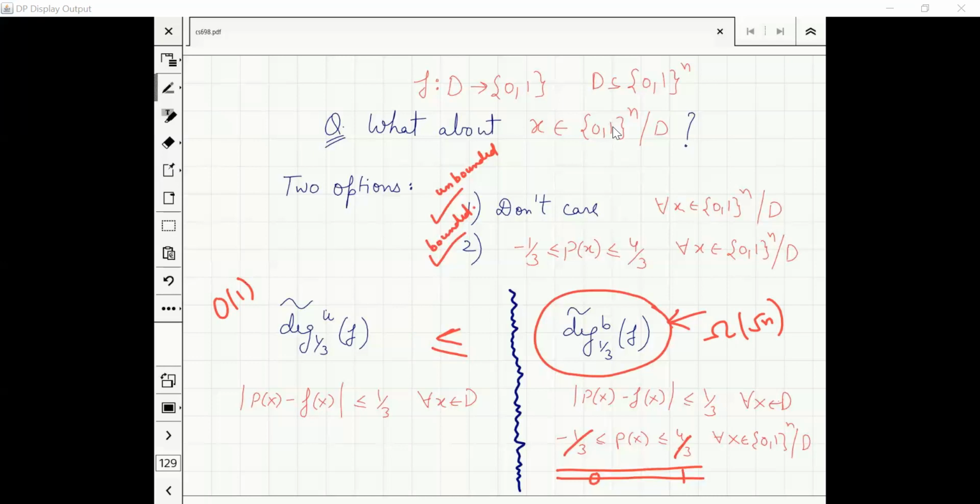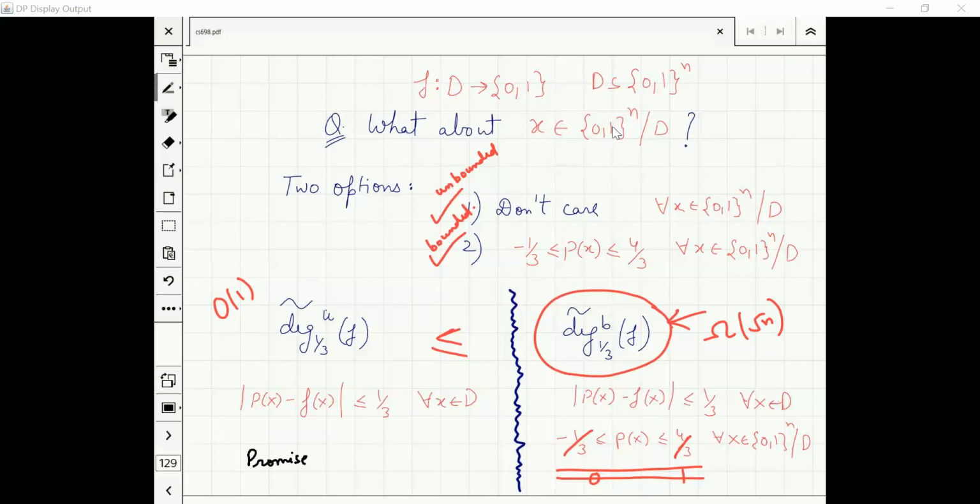So for promise OR, I think all of you can easily prove that the unbounded degree is 1. How? Can you give me a degree 1 approximating polynomial which approximates promise OR?